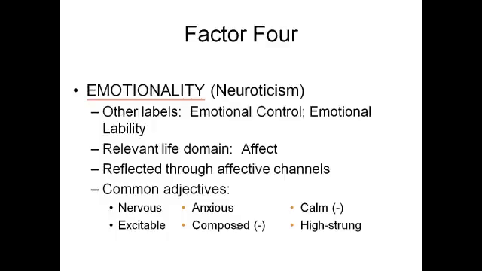People who are high in emotionality or neuroticism are nervous, anxious, excitable, high-strung. Do any of you fit that category? On the other hand, people who are low in emotionality or low in neuroticism would be calm, cool, and collected. They would be composed. And these are people who are not going to let stress get them freaking out.